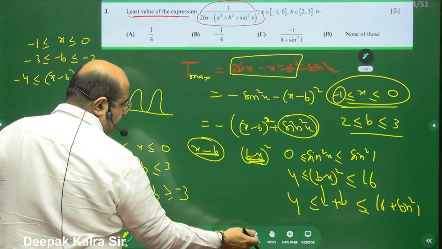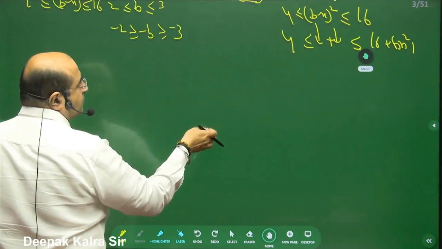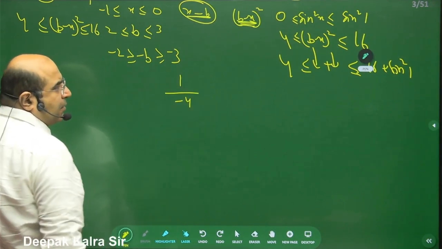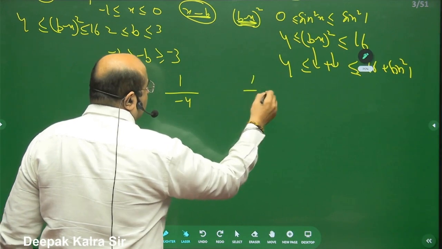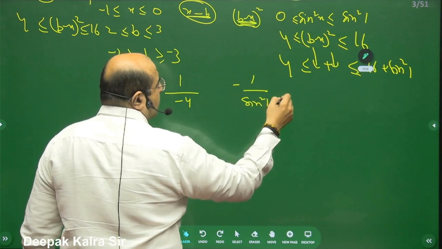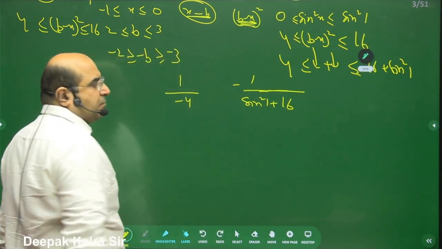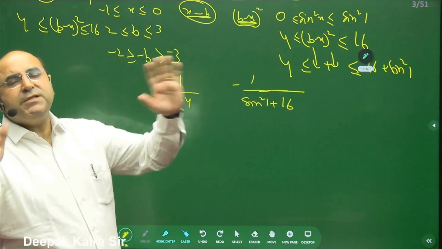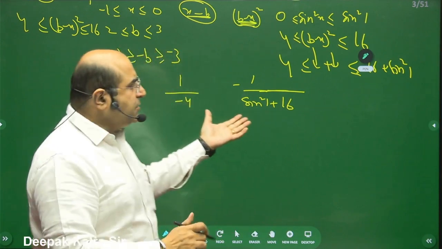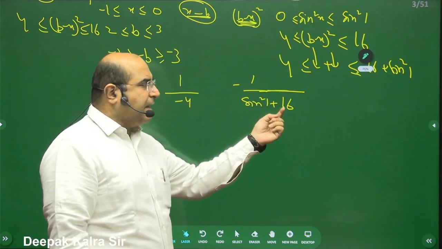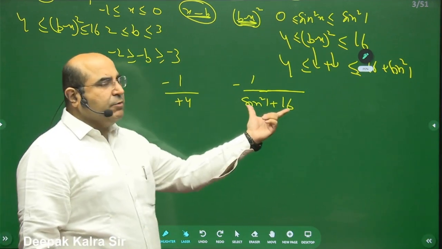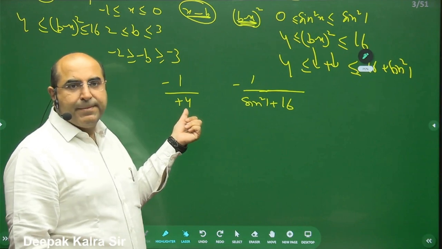You got 1 over minus 4, and next thing is 1 over, because you are doing reciprocals also, so you have to remember in reciprocation also the inequality changes. These are the two values we observed, meaning the range we have observed. You have to just see which one is bigger, which one is smaller. It is easy to understand. This value, keeping minus aside, is nothing but more than this, isn't it?